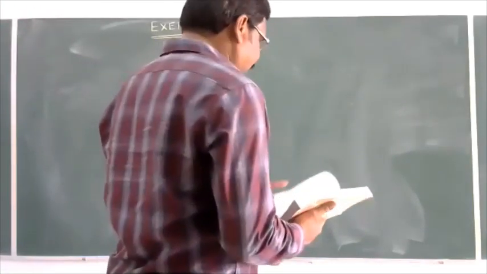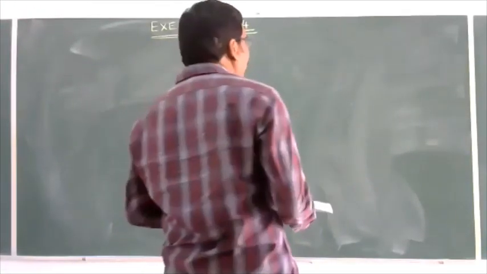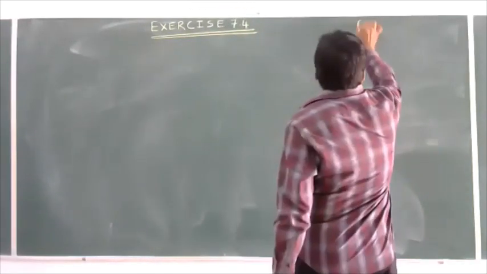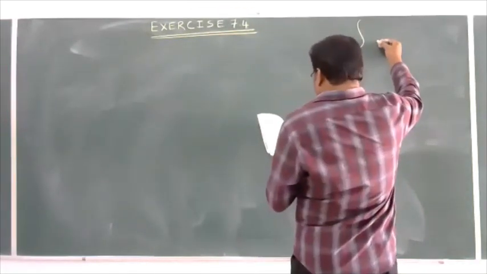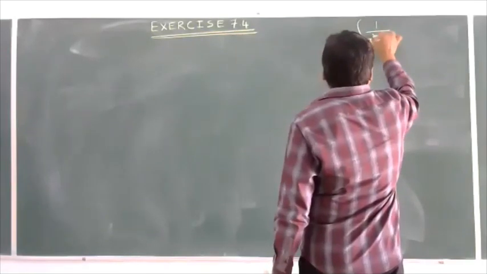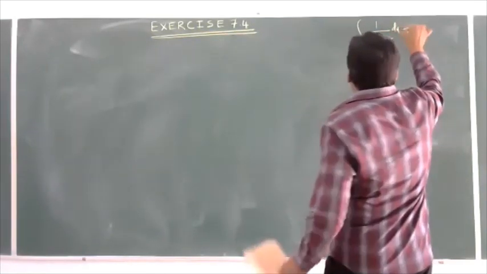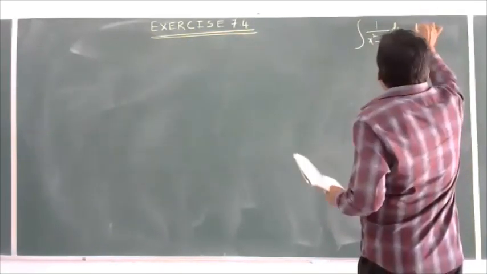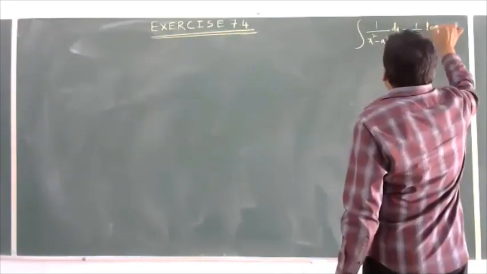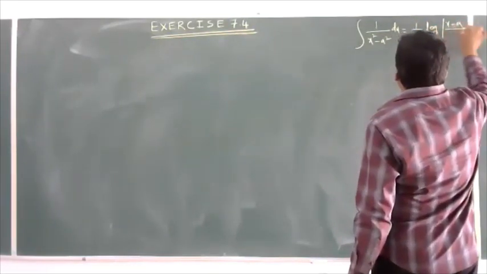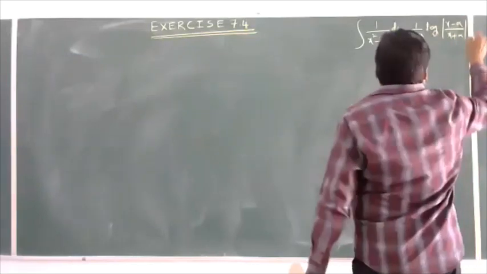First, you remember the formulas here. Integral 1 by x square minus a square dx is equal to 1 by 2a log mod x minus a by x plus a plus c.